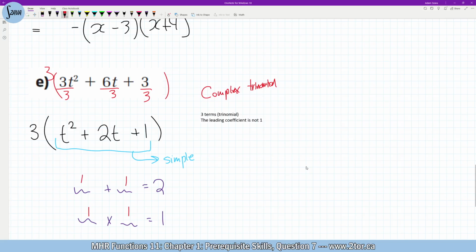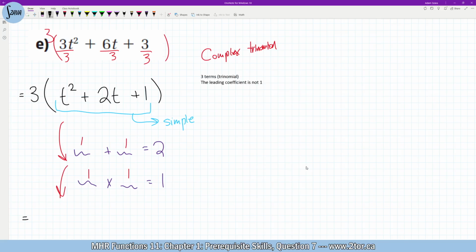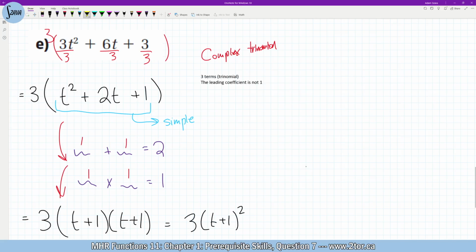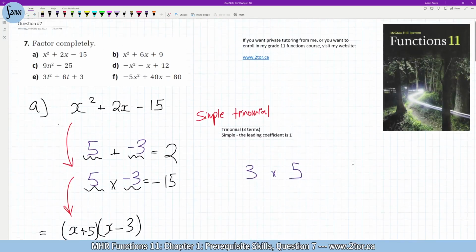Okay, so we're going to use this information now to write this in factored form. So the 3 in the front didn't go anywhere, and then we just have t plus 1, t plus 1. You can just think of that as 3 times t plus 1 squared. And remember, these 1's are what's getting us these values down there. Okay, that's it for part E.